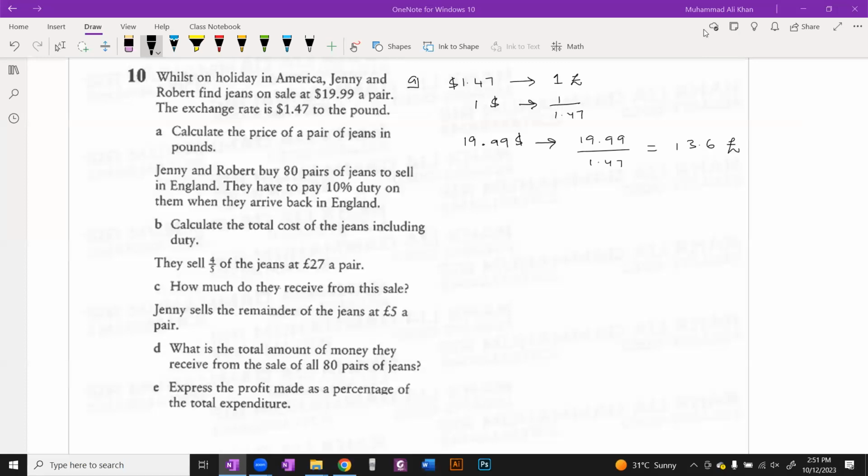एक पेयर ऑफ जीन कितने का आ रहा है? 19.99. इनको कितने पेयर बाय कर दें? 80 पेयर्स. So 19.99 multiply by 80. What is the result? 1599.2 multiply by 10%. What is the answer?